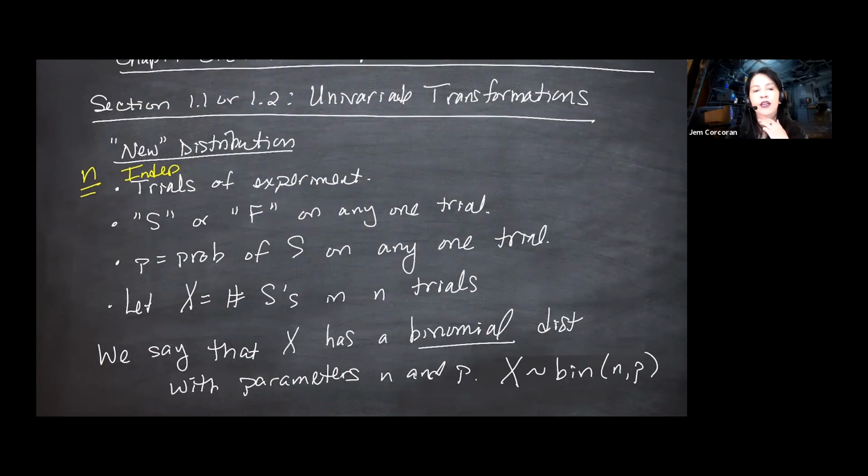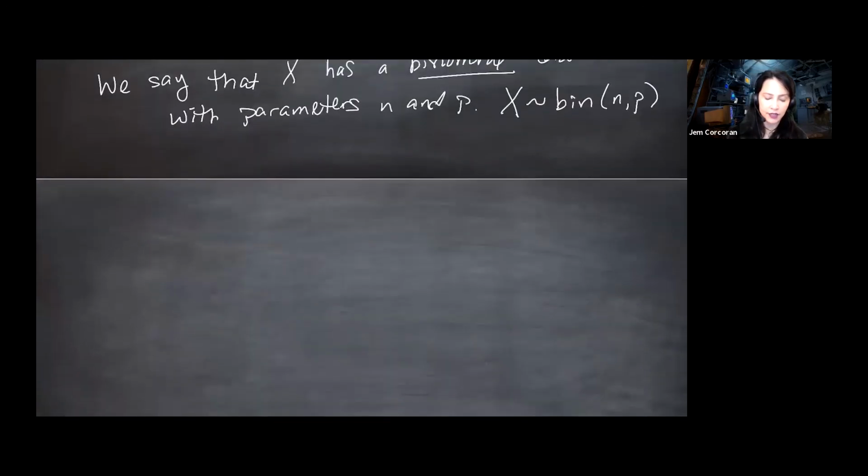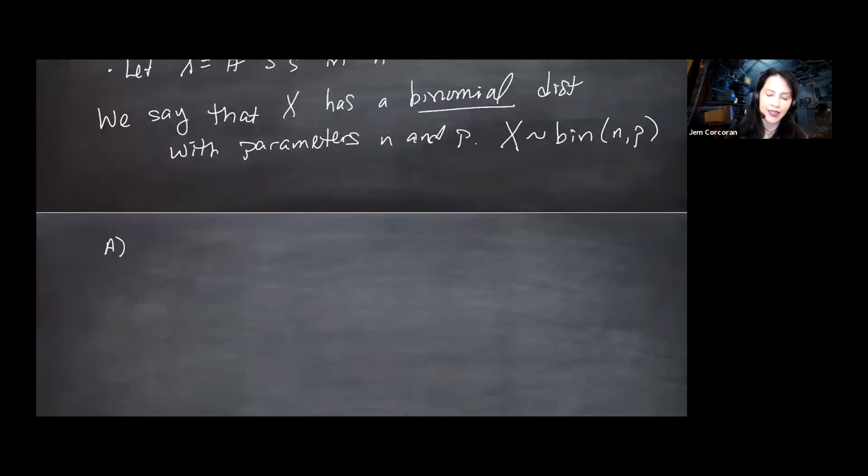Sorry that went so fast, but I think you've seen it. I didn't want to bore everyone, but I did want to at least introduce it in case you haven't. Okay, so we are in this section called univariate transformations. I'm going to start a big running list.